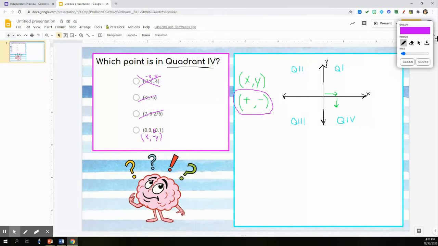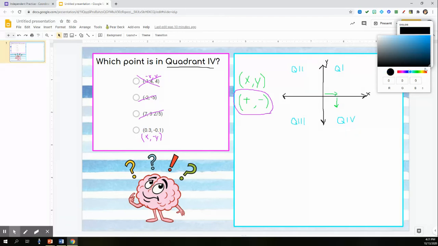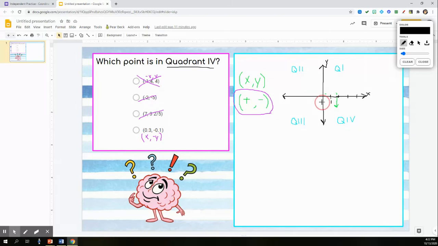So if I were to graph this point right here, this last point, I would go positive 0.03. It depends on where I have my labels here. So if this is 1, and then we would have negatives down here, so negative 1.